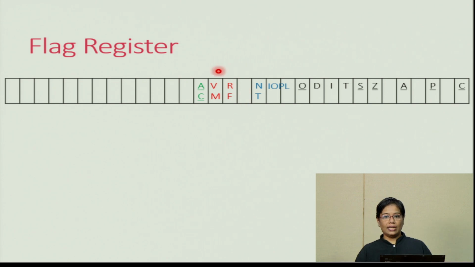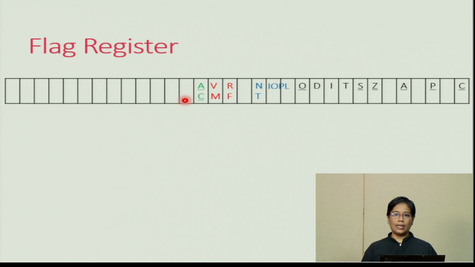The ones which are indicated in red are available from 80386 onwards. The one which is indicated in green is available only in the 80486 processor. So the ones in black are available in all members of the family, the ones in blue from 80286 onwards, the ones in red from 386 onwards, and the one in green is going to be available from 486 only.